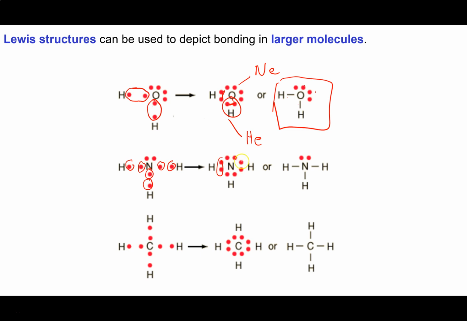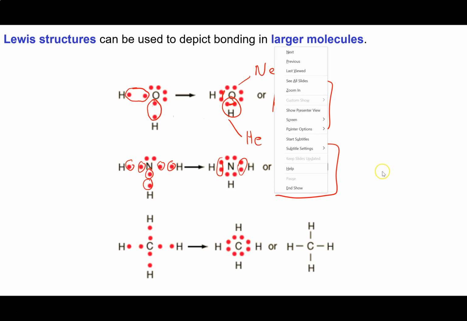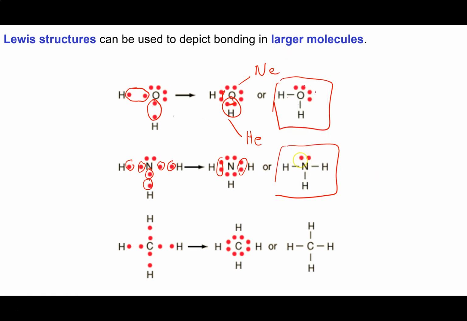Replacing the shared pairs with the lines gives this diagram here, which kind of makes everything very clear. The nitrogen has 1 lone pair in this case, and then forms 3 bonds, each comprising 2 bonding electrons to the hydrogens.